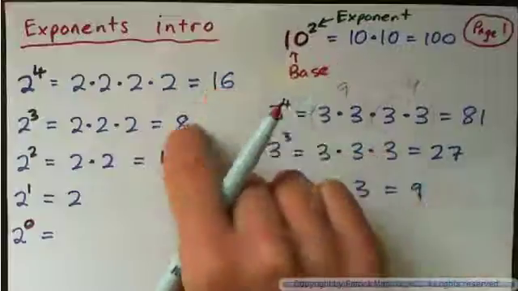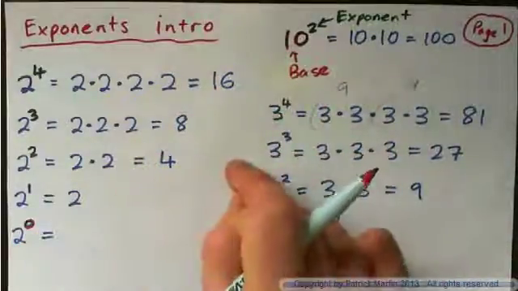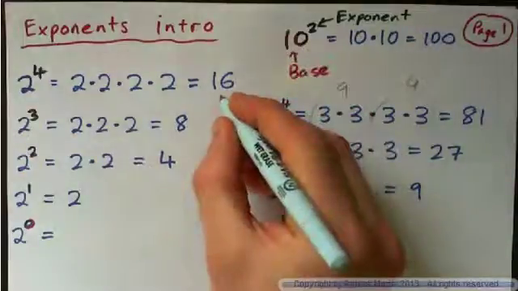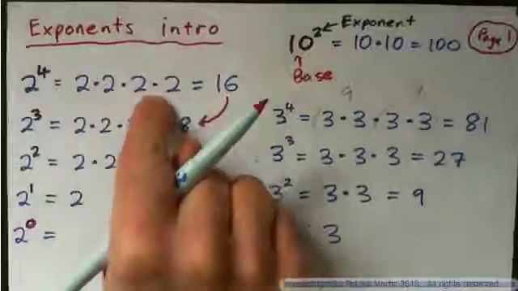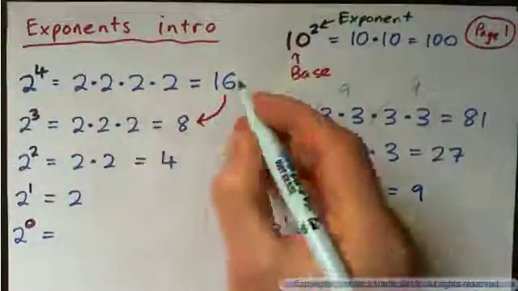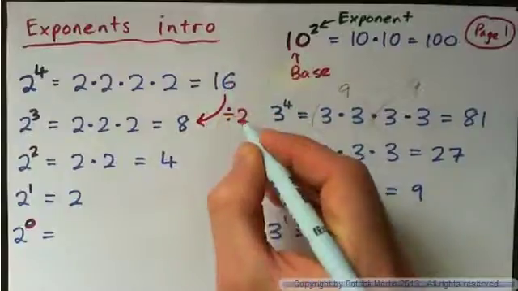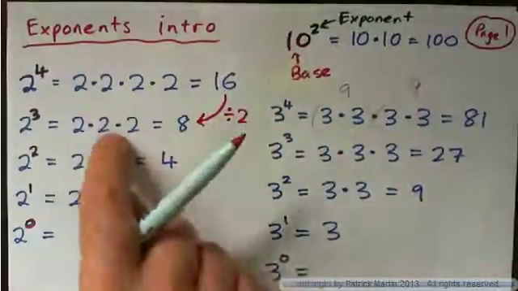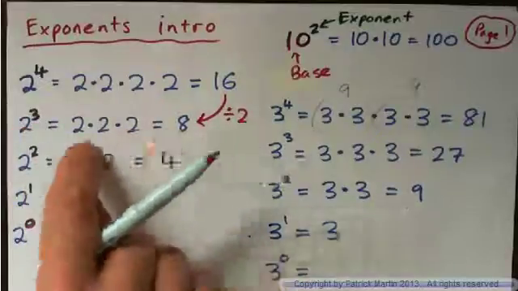How do you get from here to here, here to here, here to here? What is happening as we go down? Well, as we go down from 16 to 8, we are in fact dropping a 2, or dividing by 2, because 16 divided by 2 gives 8. And then when we go from here to here, dropping a number on the exponent, we're actually dropping off one of these 2's.